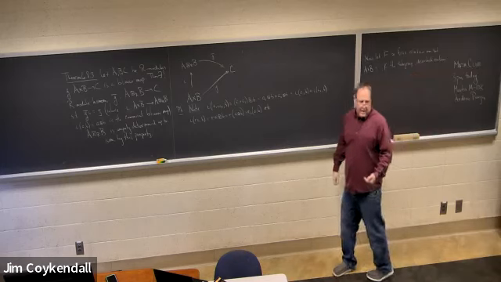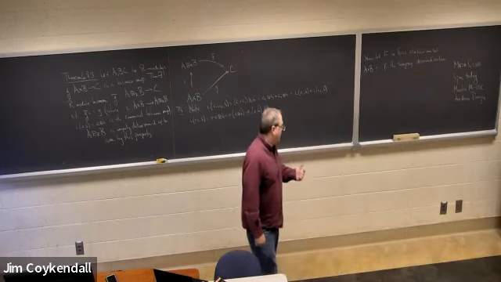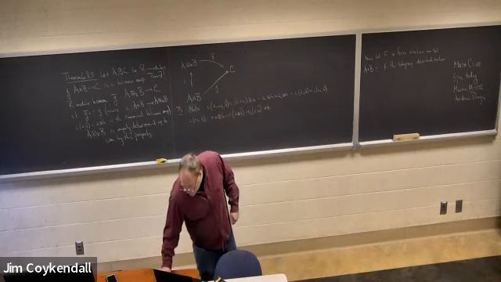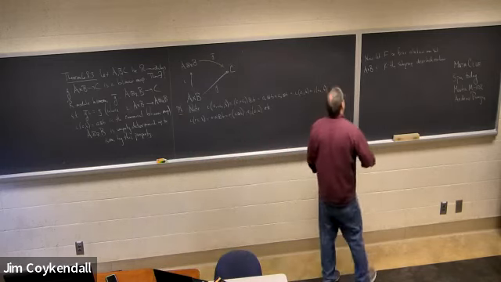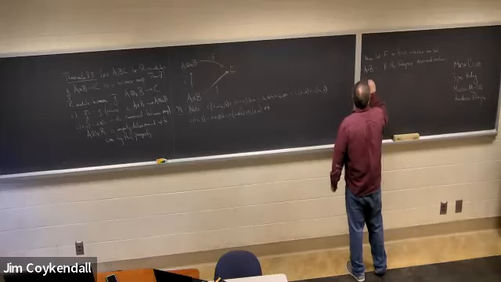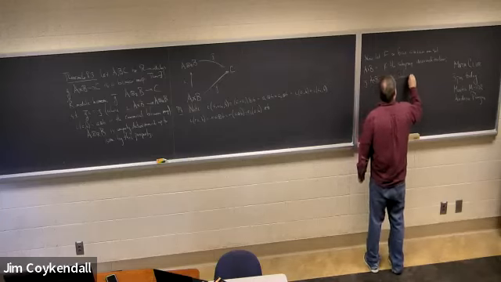So it's generated by elements of the form (A1 plus A2, B) minus (A1, B) minus (A2, B), etc. Those are the ones from when I first defined this. The map G from A cross B to C is bilinear by assumption.